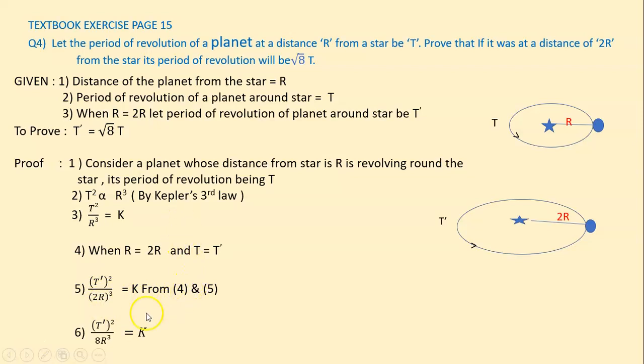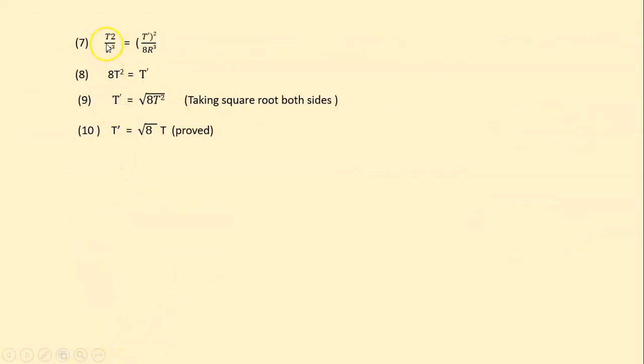So, t dash the whole square upon 8 into r cube is equal to k. T square upon r cube is equal to t dash the whole square upon 8 r cube.